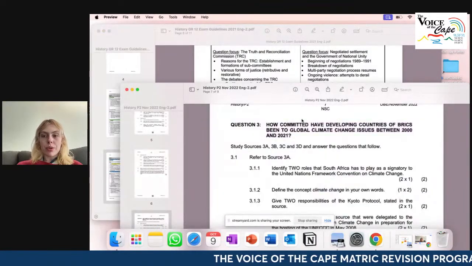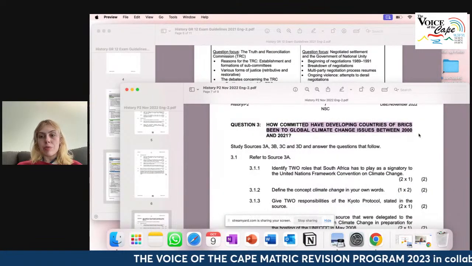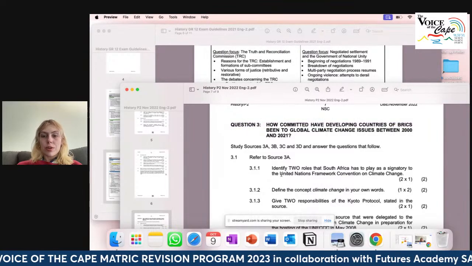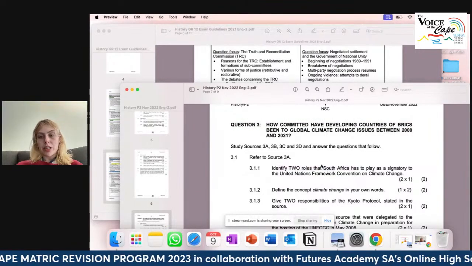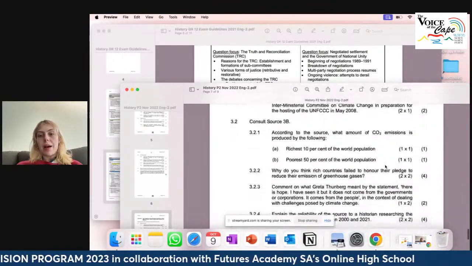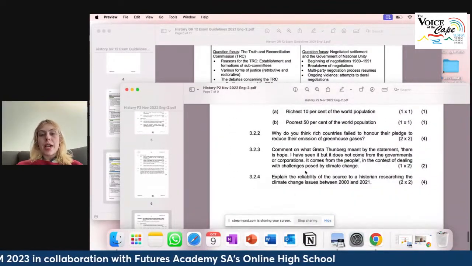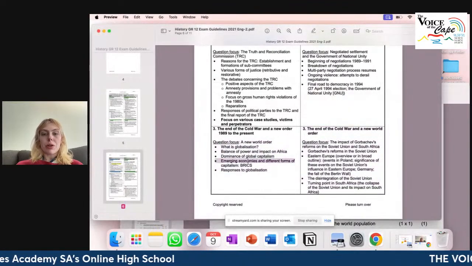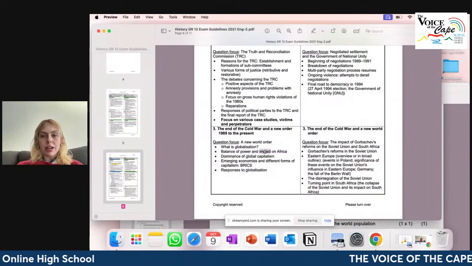So in this example, it speaks about the developing countries of BRICS. So the S is South Africa in BRICS. You'll see here it identifies roles that South Africa has to play. So they ask questions still with more focus on South Africa and Africa.